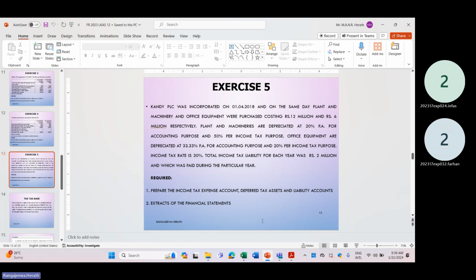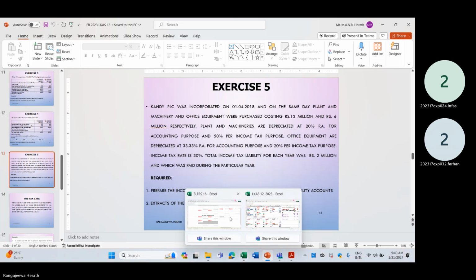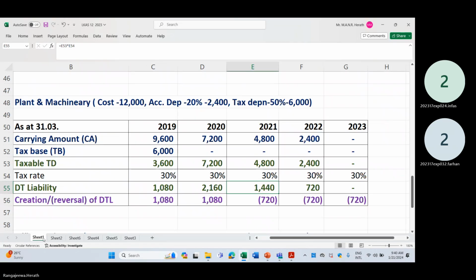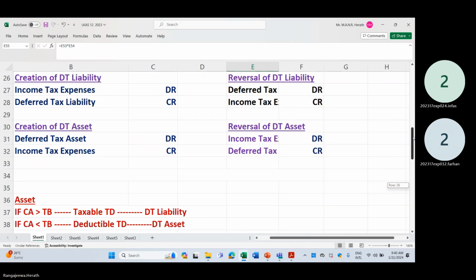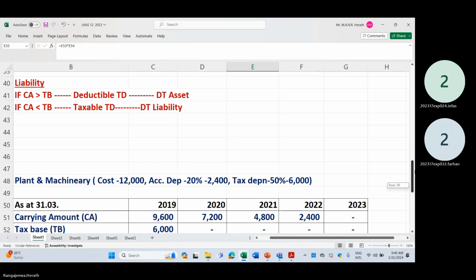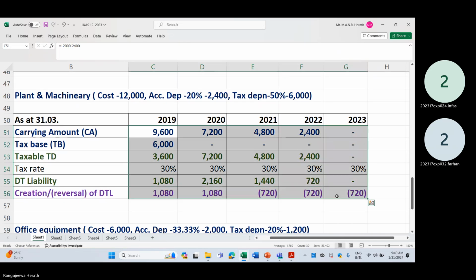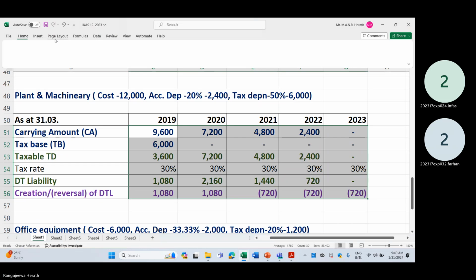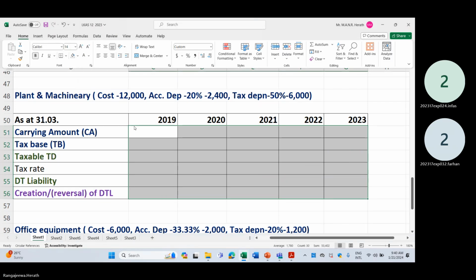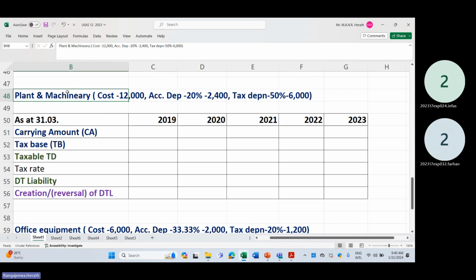එහෙනම් අපිට පුළුවන් දැන් මේකේ අවුරුදු 5ක් තියෙනවා. Over the entire period, we are taking the carrying amount and the tax base of plant and machinery. Carrying, accounting purpose 20%, tax purpose 50%. Then the plant and machinery cost is 12 million.